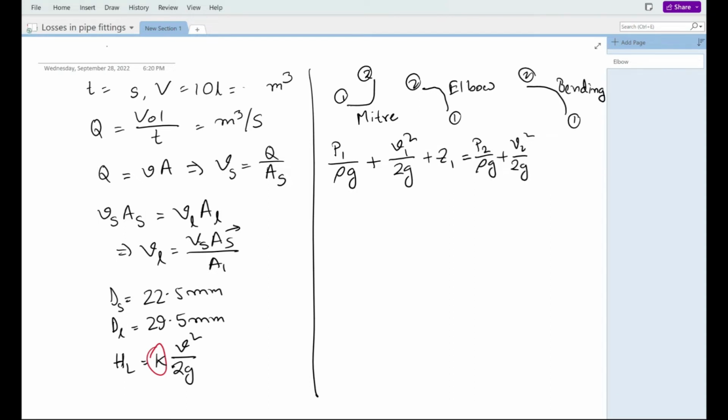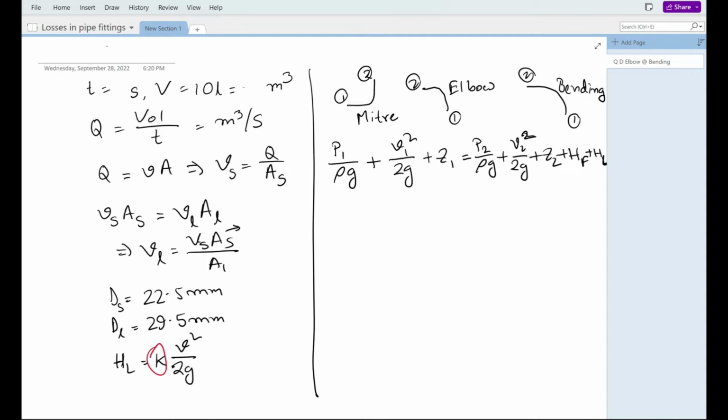This experiment is about minor pipe fittings, and this minor loss is because of the pipe fittings. So we are ignoring the major loss, which is HF. Now we can write P1 by rho times gravity equals P2 by rho times gravity plus HL.